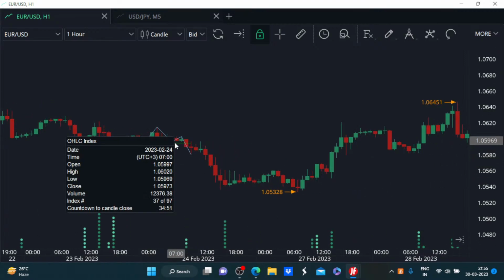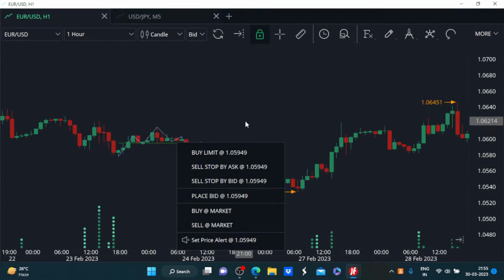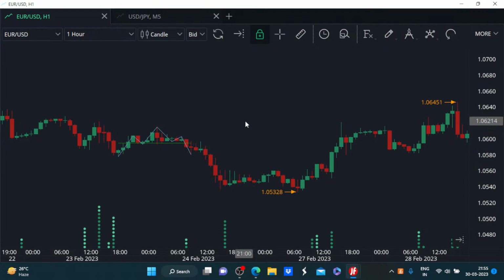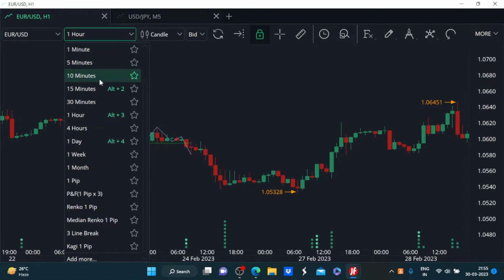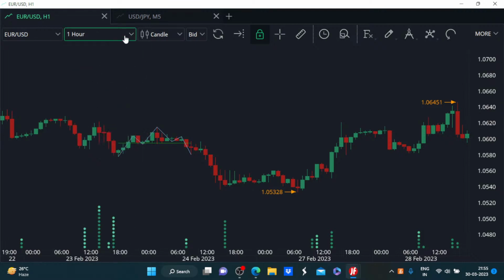Okay. In terms of editing, there is nothing we can do, because the formation takes into consideration the price formation, and all we can do is vary the candle period. You can go for hourly, 4 hourly, 5 minute, 10 minutes. All these options are there.